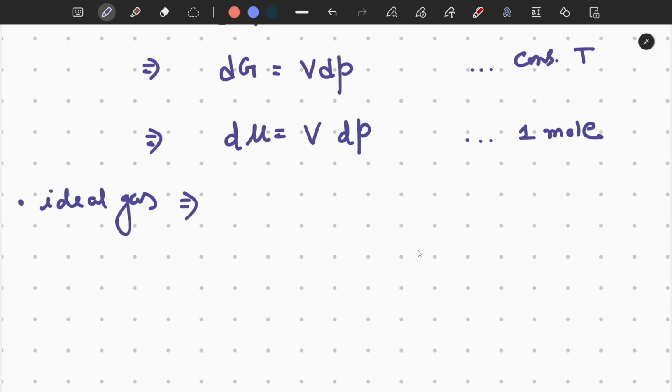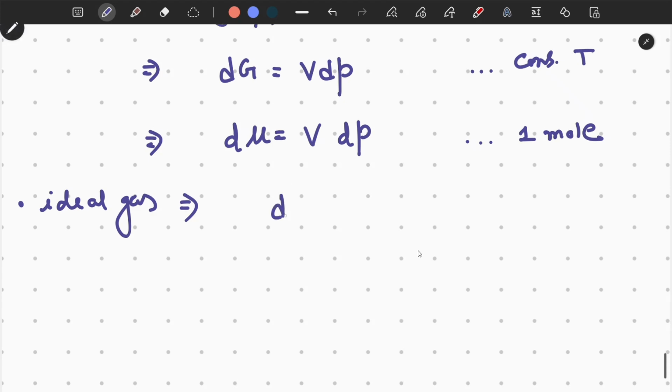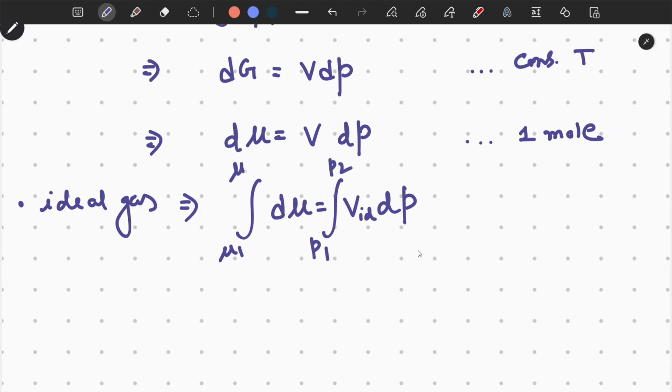But let us consider an ideal gas. For ideal gas, it will be d mu equals V dP, but let me write it as V ideal. If we integrate it from P1 to P2, mu1 to mu2, then we will get delta mu equals RT integral of dP by P, because V ideal is eventually RT by P, so RT ln P2 by P1.